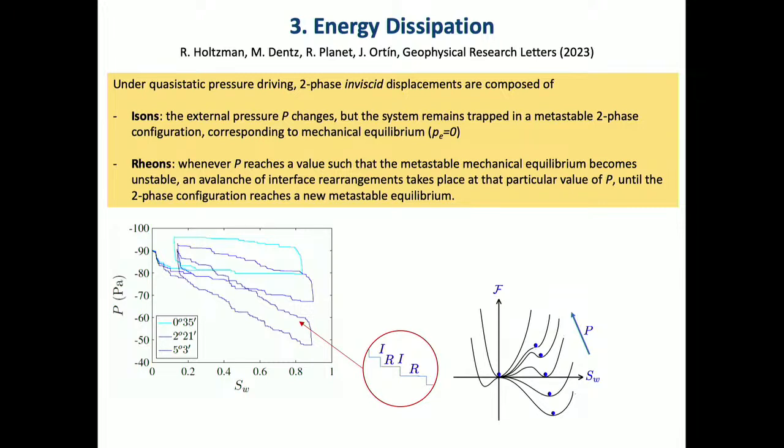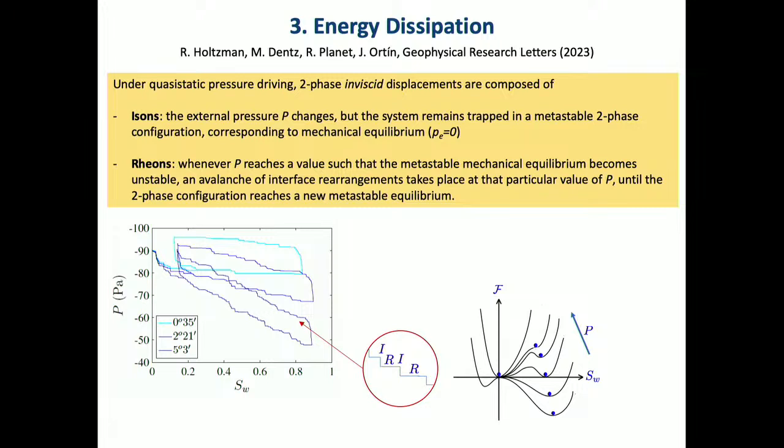That's the answer. You have to distinguish between isons and rheons. This is the nomenclature in hydrology. In isons, the system is trapped in a metastable two-phase configuration, and what the external pressure does is just to move the point a little bit by raising, for instance, in imbibition the pressure, until you make this state unstable. Then a rheon occurs. What is a rheon? A rheon is this sudden jump to a new metastable state.